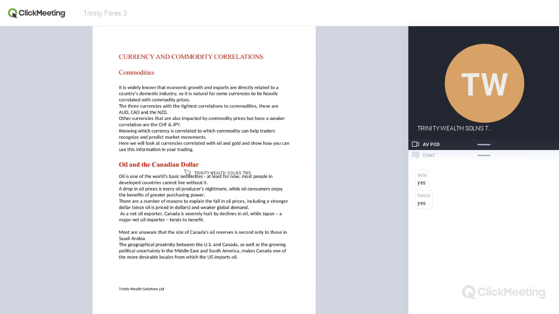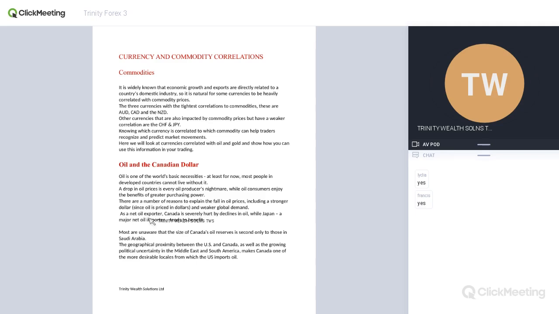That's because Canada is a huge exporter of oil. A drop in oil prices is every oil producer's nightmare, while oil consumers enjoy the benefits of greater purchasing power. There are a number of reasons to explain the fall in oil prices, including a stronger dollar, but that is minimal.